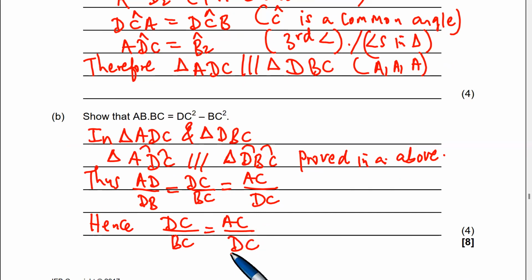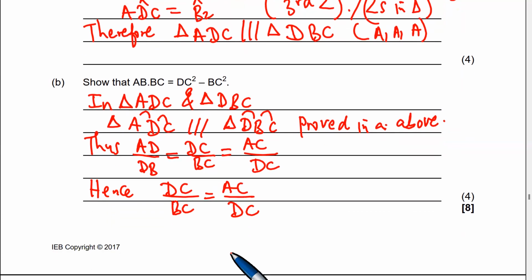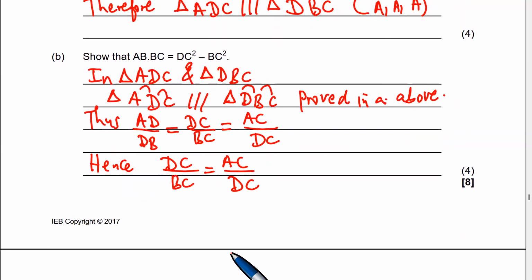And with that said, what do we get out of this? You cross multiply and we obtain DC squared. If you cross multiply, it's DC times DC, which is DC squared. It's equal to, you cross multiply these here.